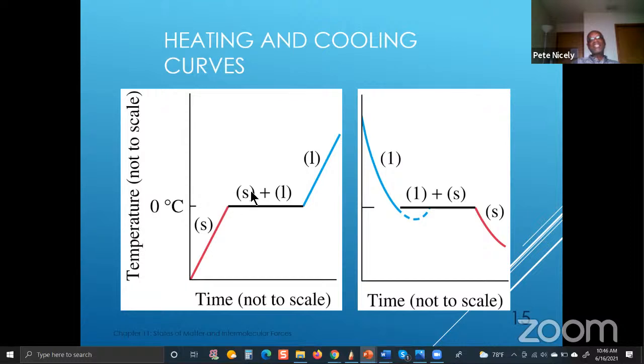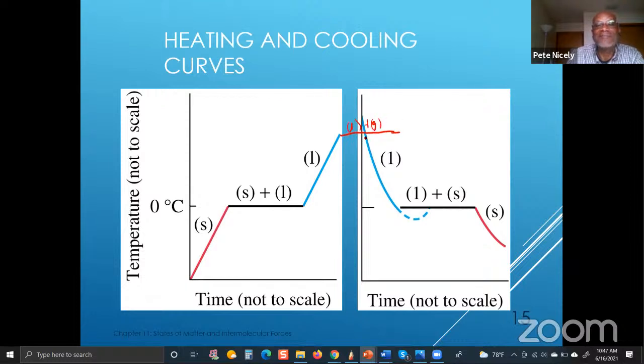When all the solid has been melted, you'll only have liquid, and then the temperature is going to start to increase until you get to the boiling point. Unfortunately, it's cut off here, but when you get to the boiling point, you have the conversion of the liquid to the gaseous state. So the line is going to remain flat like this, and here you're going to have liquid and gas, right?